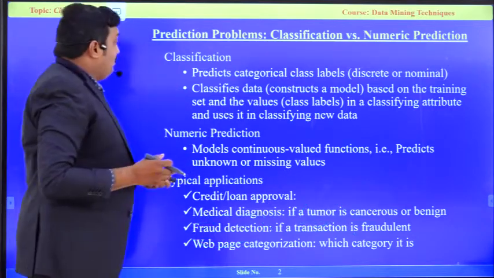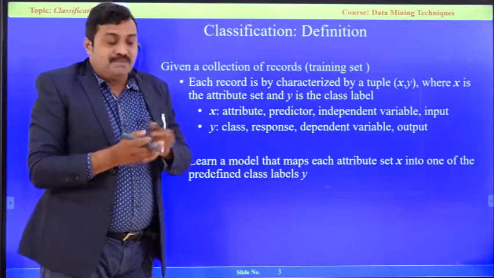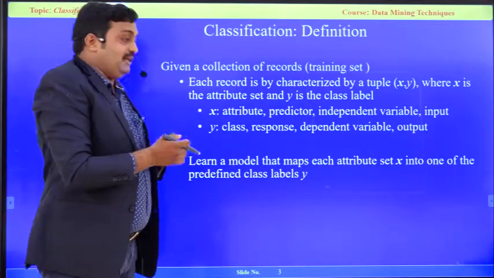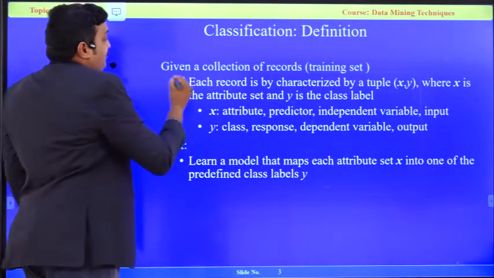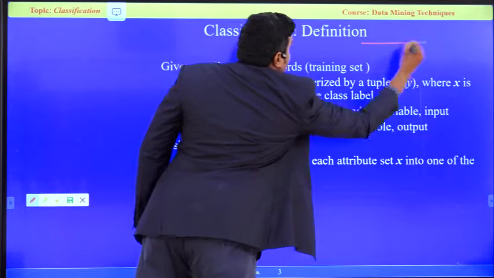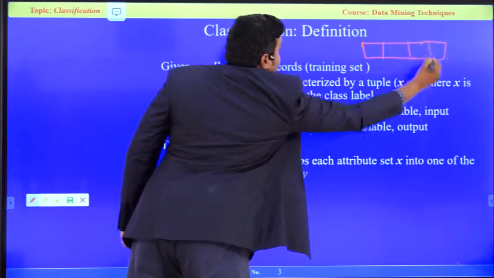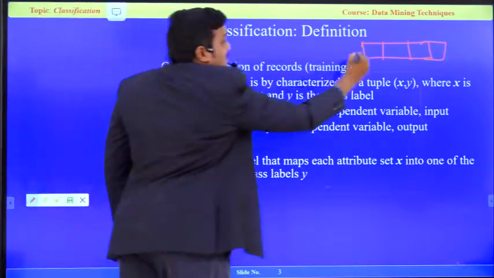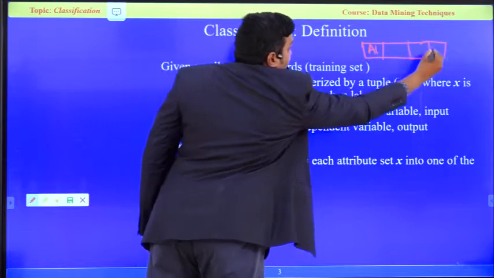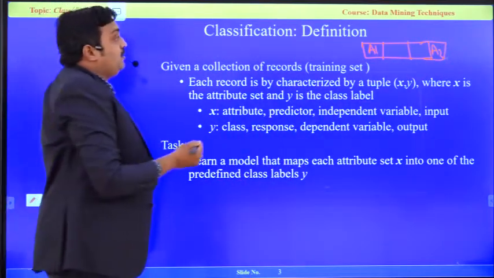Now, what is a simple definition of classification? Based on the discussion, we can consider a very simple definition. Whenever we have data for an object, that means one record, there are various parameters. The record has n number of parameters or attributes, A1 to AN. Now we are going to classify those attributes into two sets.